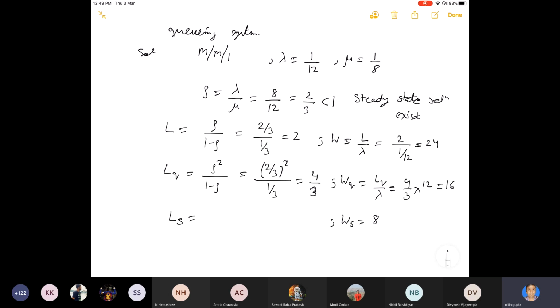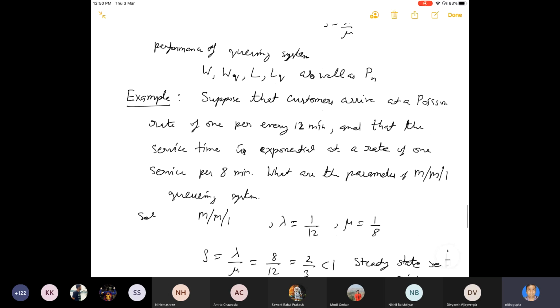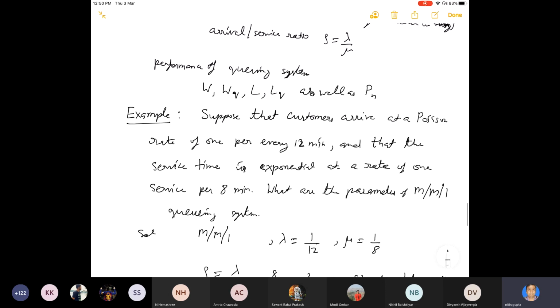Either you can determine L minus LQ or lambda WS also. So this is 8 by 12, 2 by 3. This is the average number of customers getting service. Okay, so this was about the parameters of the queuing system.